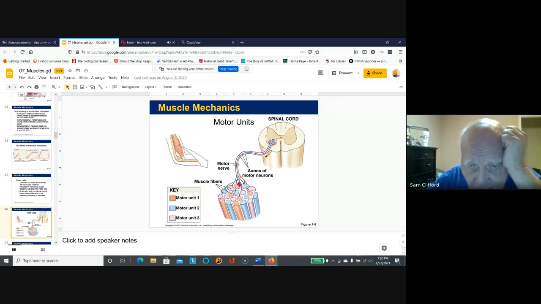If you look at your thigh, you're going to have motor nerves connected to a large collection. That's a motor unit: the number of muscle fibers connected to a nerve. That allows us to control fine movement and very aggressive total movement of a large muscle. Part of the way you control the strength of contraction is the motor units that are connected, which means certain fibers are connected to certain nerves, and the number of fibers can vary.